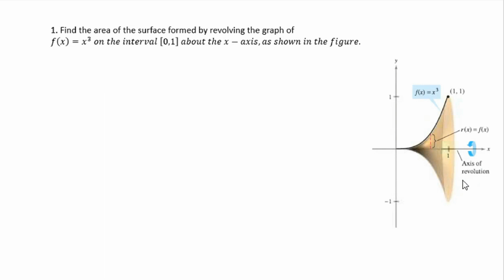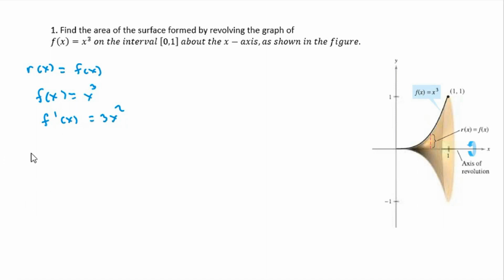To solve this, we know that the distance between the x-axis and the graph of f is r of x equals f of x. To take the derivative, we have f of x equal to x cubed, so the derivative of the function is 3x squared.